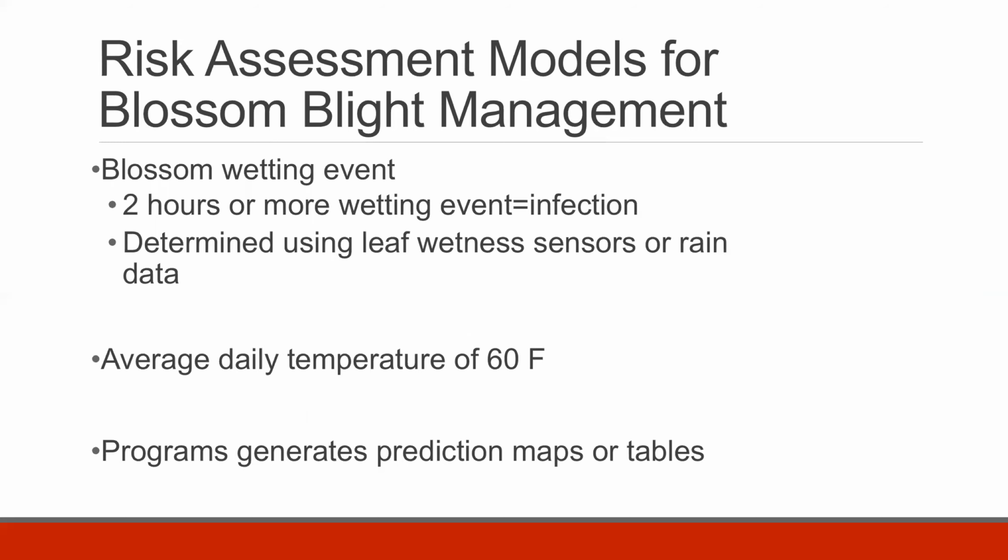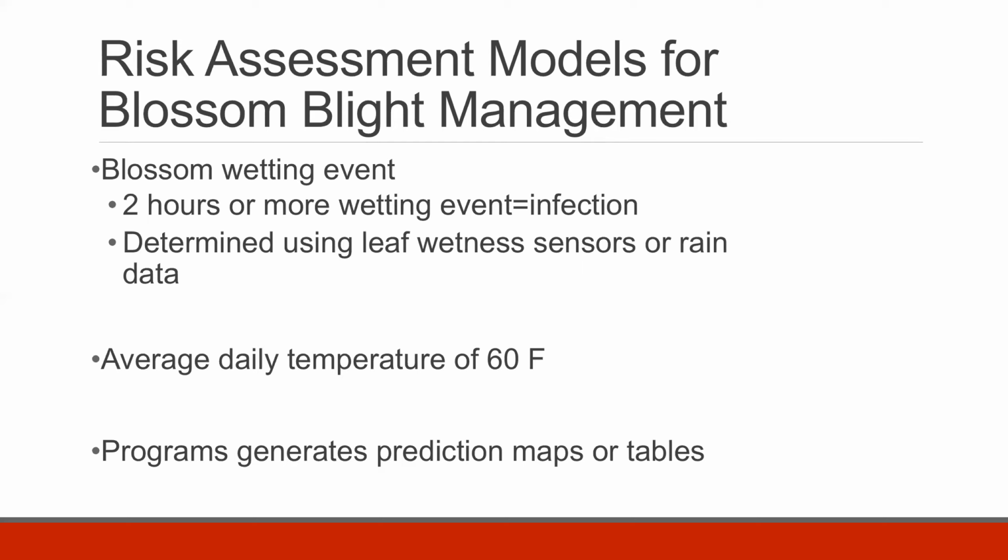Blossom wetting period is also considered, with 2 hours or more of a wetting event after the epiphytic infection potential required for infection. So they consider the EIP, and then if there are 2 hours or more of wetting, then the risk for infection is high. And they determine blossom wetness either using leaf wetness sensors or by collecting rain data using weather stations.